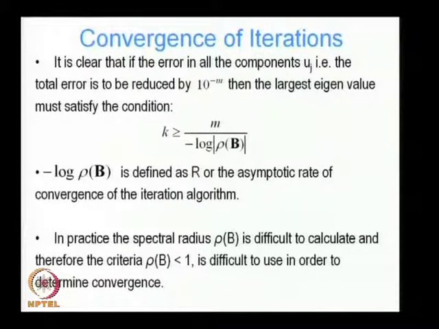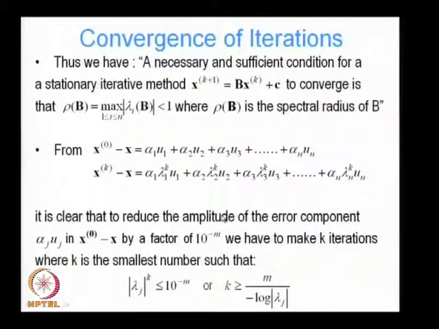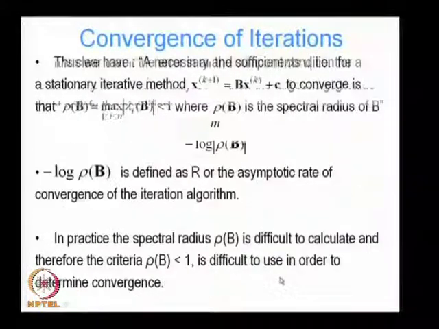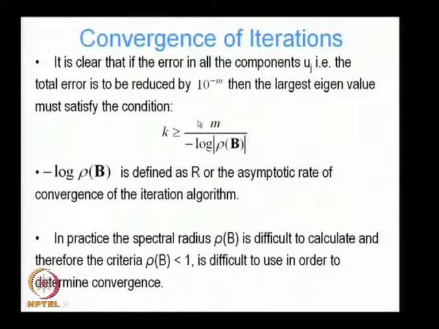It is clear that if the error in all the components u_j, that is the total error, is to be reduced by 10 to the power minus m, then the largest eigenvalue must satisfy this equation. This is for eigenvalue λ_j, but if this is satisfied for the largest eigenvalue, then we can be sure that the error in all the components has been reduced by a factor of 10 to the power minus m.